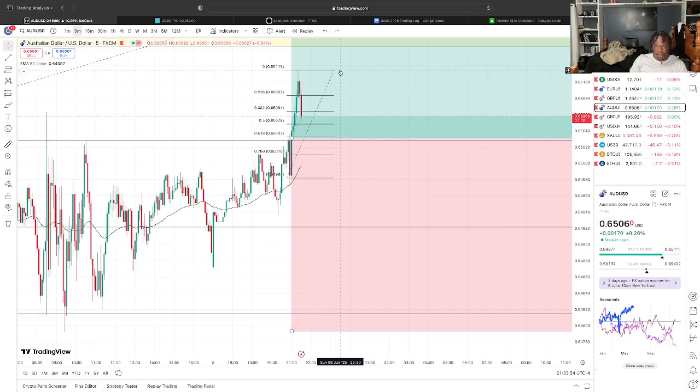So as you can see, after that bearish price action, let's see if we can find a 38.2% retracement, or if it's going to be 61.8%.